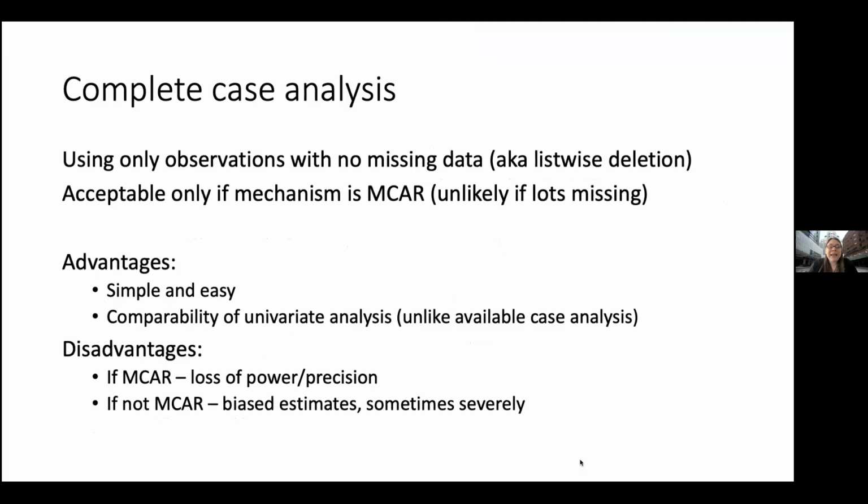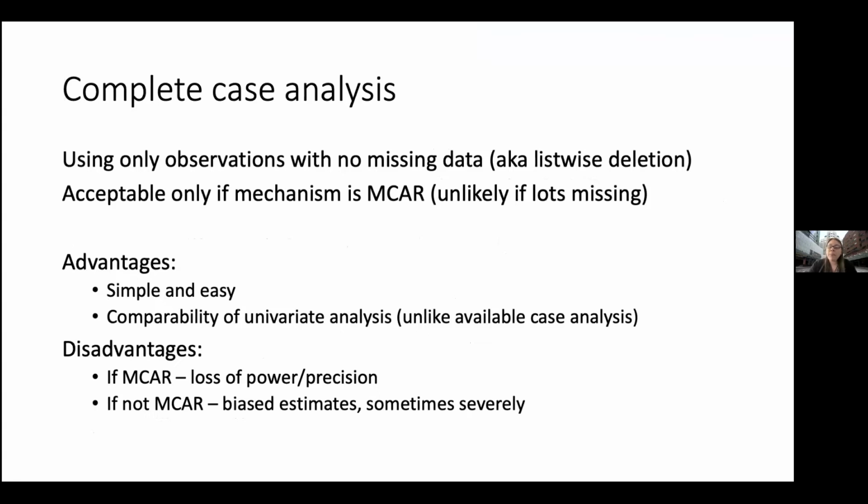So with complete case analysis, we're using only the observations that have no missing data. So we would take all of our observations, all of our variables we're interested in, and if any observation was missing a value for any of those variables, it would be removed out of our data set. So this is also called list-wise deletion.